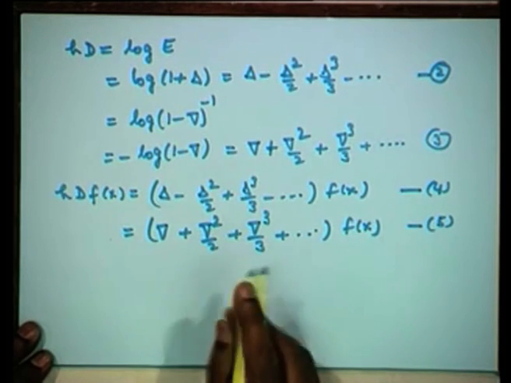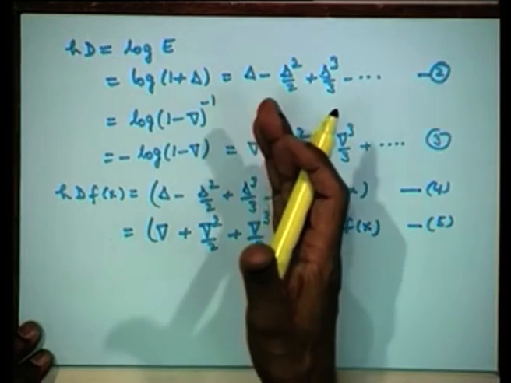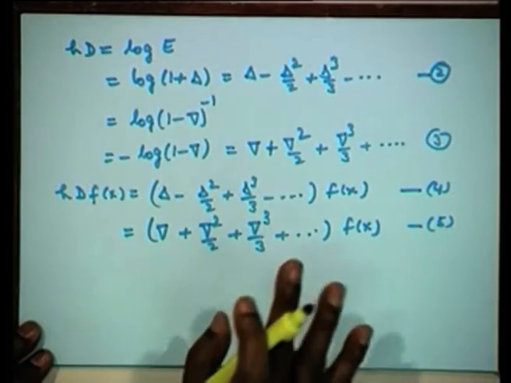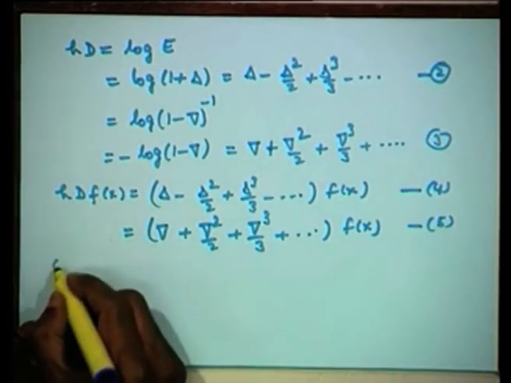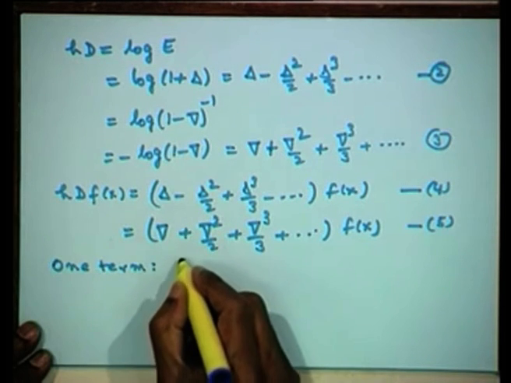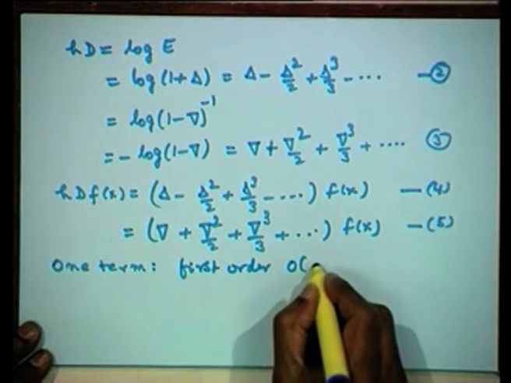Now, I can get the formulas by just cutting this series at one term. I can cut it after 2 terms, I can get it after 3 terms and so on. So, all the formulas that we obtained earlier can also be obtained from here. If I use only one term in this expansion, I will get first order formulas, that means order of h formulas.